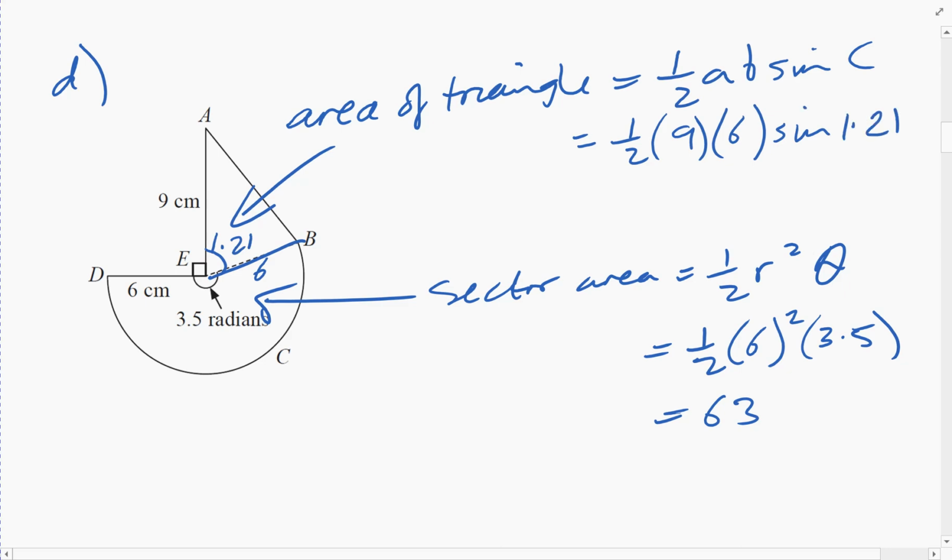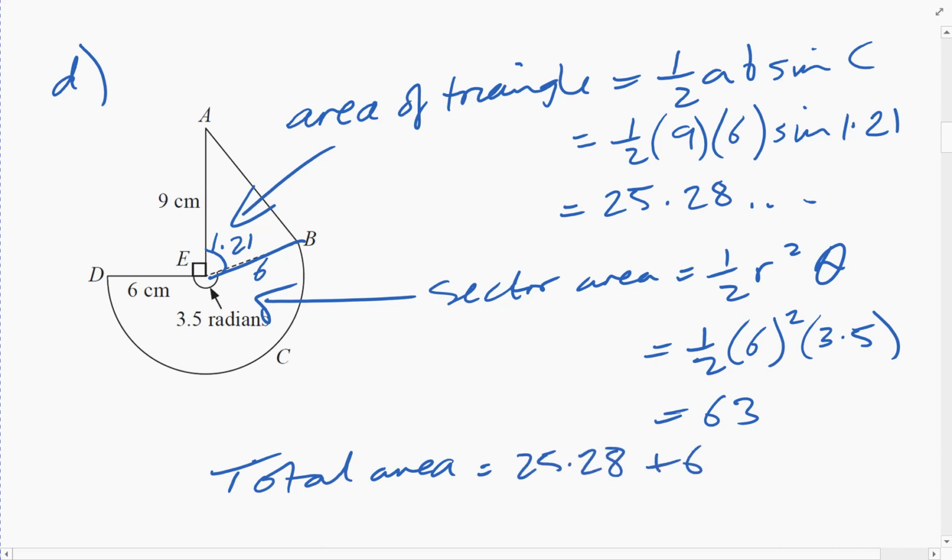Make sure you're in radians and type it all in, you should get 25.28 something. So the total area, add those together, 25.28 plus 63, and that should give you 88.3 centimeters squared.